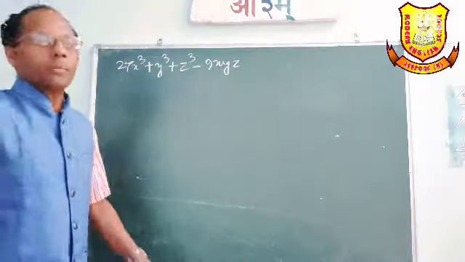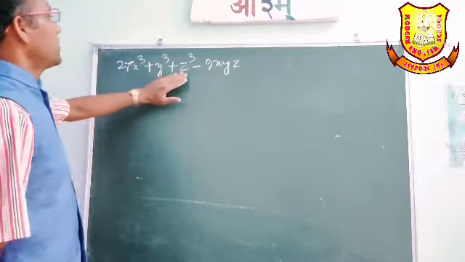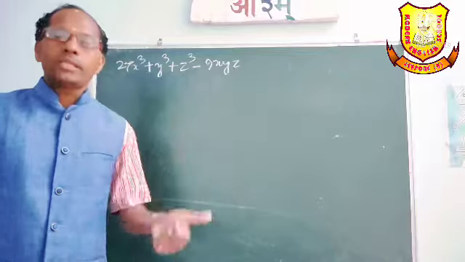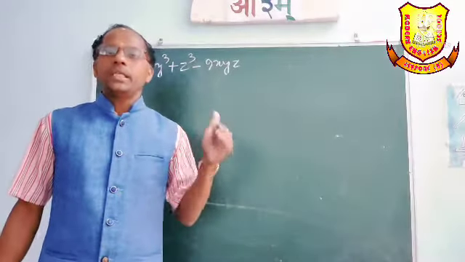So this is in the form of a cube plus b cube plus c cube minus 3abc. But you have to find what is a, what is b, what is c.